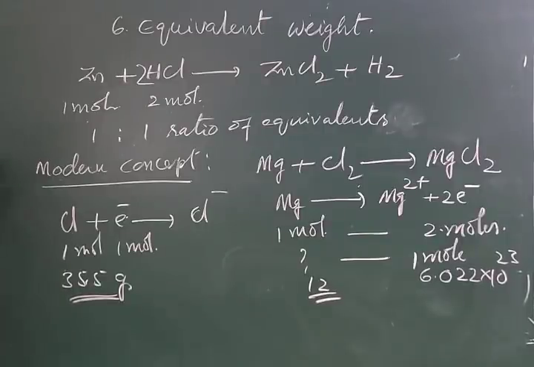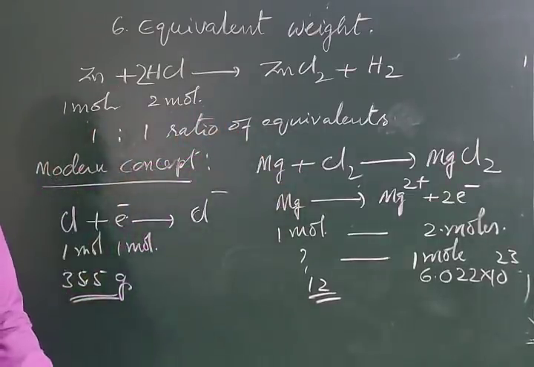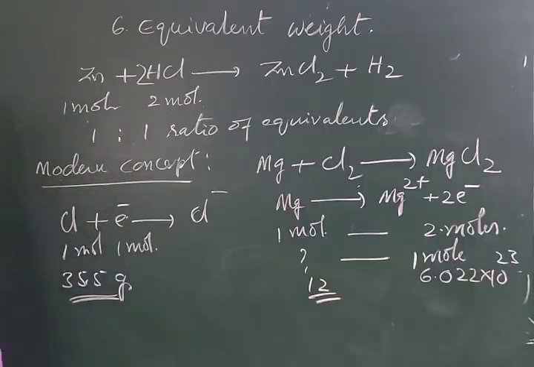So in this way, we can define the equivalent weight in terms of number of electrons also. The amount of substance that loses or gains 1 mole of electrons during the chemical reaction is said to be 1 gram equivalent or equivalent weight of the substance.